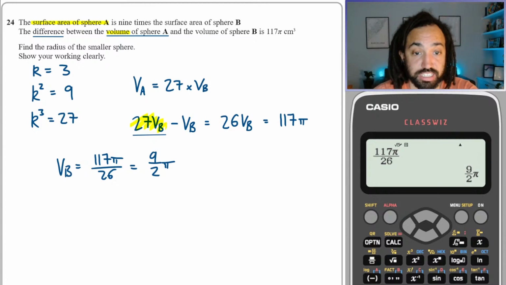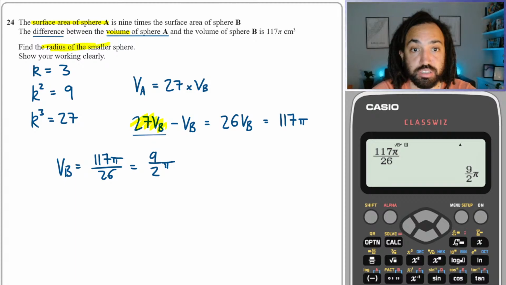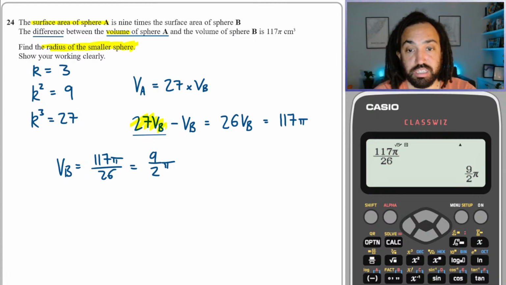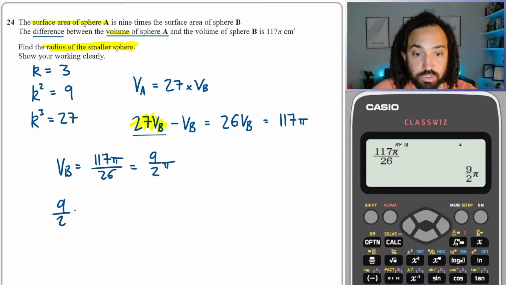Okay, so if that's the volume of B, which is the smaller one, and we do need to find the radius of the smaller sphere, then we could just set the volume equal to the formula for the volume, which is 4/3 pi r cubed.